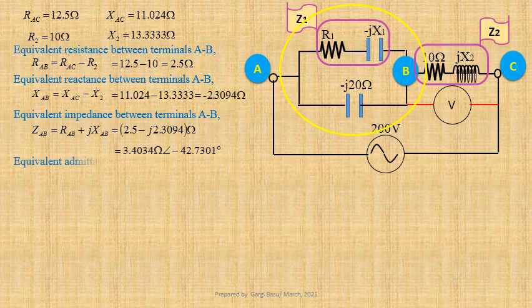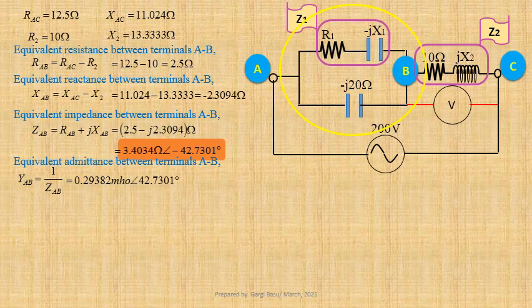Equivalent admittance between terminals A and B, YAB equals 1 upon ZAB, that is 0.29382 mho at an angle 42.7301 degree, or this may be written as 0.2158 plus j0.1994 mho.